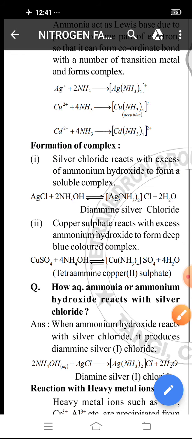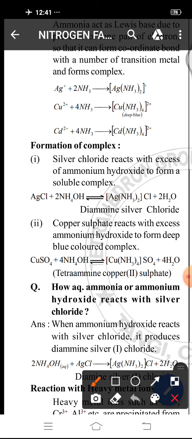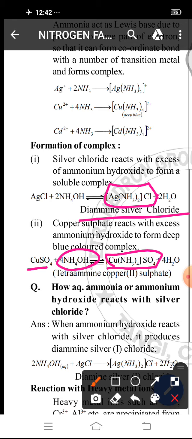So when ammonium hydroxide reacts with silver chloride, diammine silver chloride complex is formed, and when copper sulfate reacts with ammonium hydroxide, tetraammine copper 2 sulfate is formed. So due to presence of lone pair of electron on ammonia, it forms complexes.